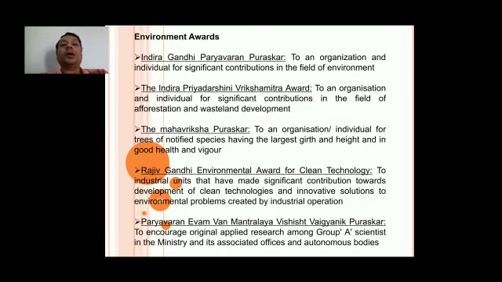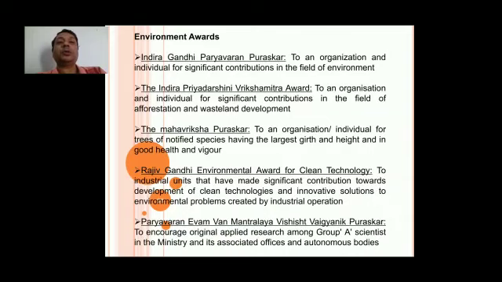Now, creating the inspiration, there are certain environmental awards given to individuals or organizations for their contribution towards the positive environment. Indira Gandhi Paryavaran Puraskar to an organization and individual for significant contribution in the field of environment.